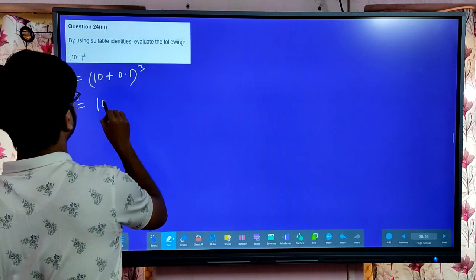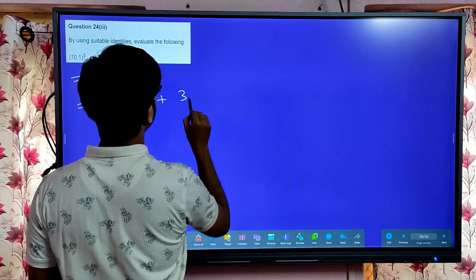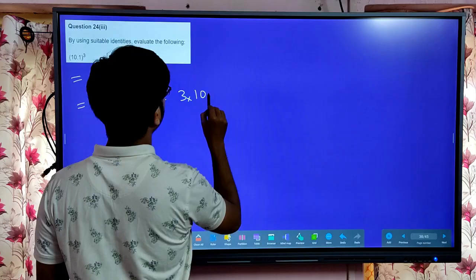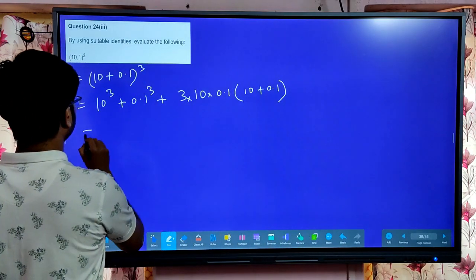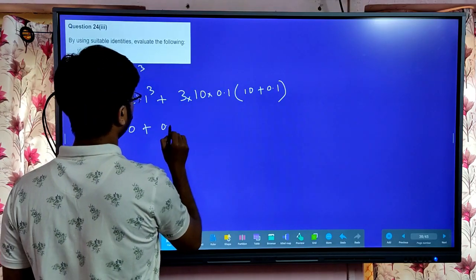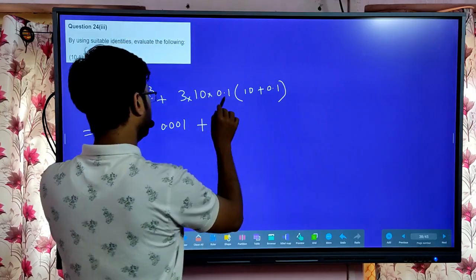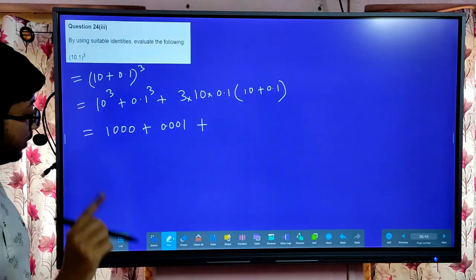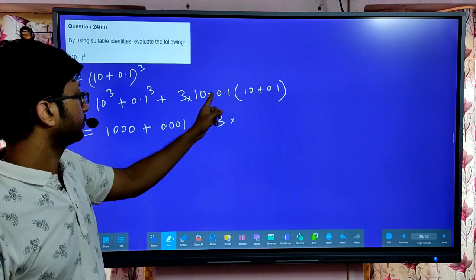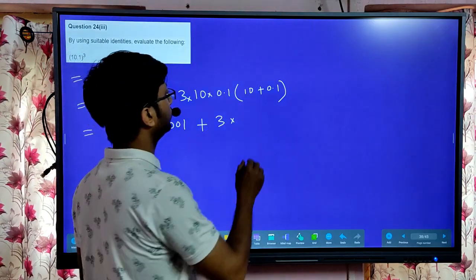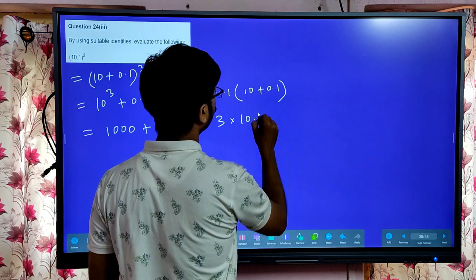You just write it. 10 cube plus 0.1 cube plus a cube plus b cube plus 3 into 10 multiplied into 0.1, 3ab, a plus b, 10 plus 0.1, so it will be 1000 plus 0.001, and then plus 10 into 0.1 is 1, 1 into 3 is 3, 3 into 10 plus 0.1 is 10.1.